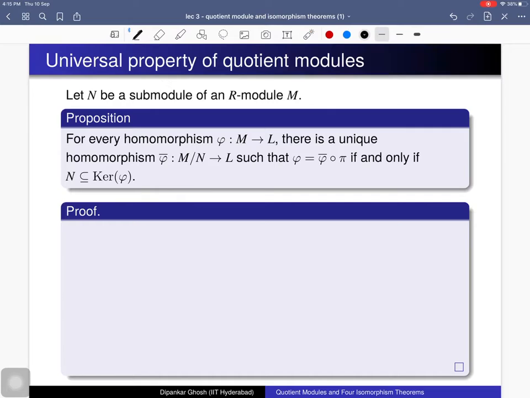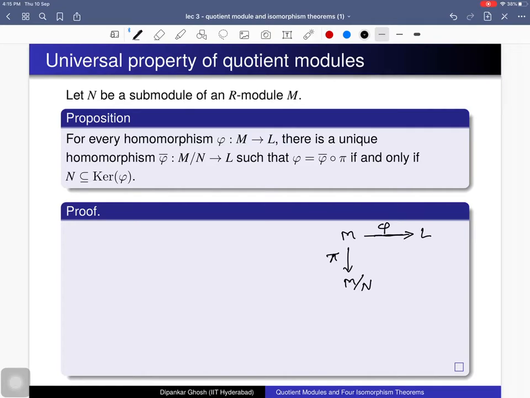So if we write this diagram, then it says that suppose you have a module homomorphism phi from M to L, and you already have this natural projection map pi from M to M mod N.